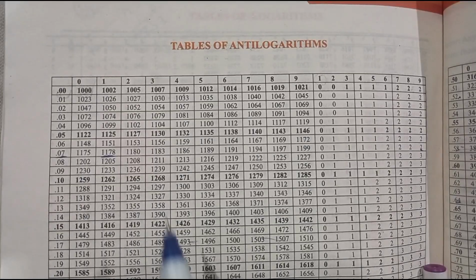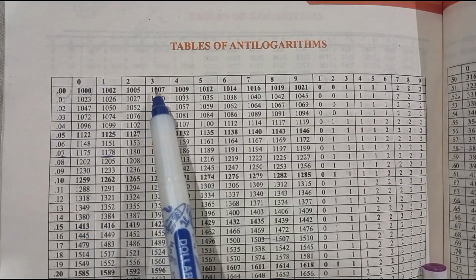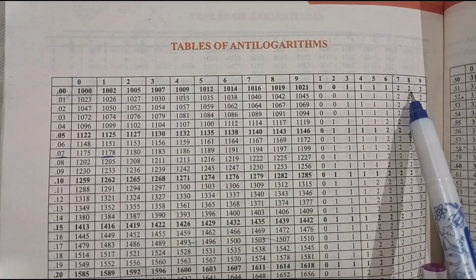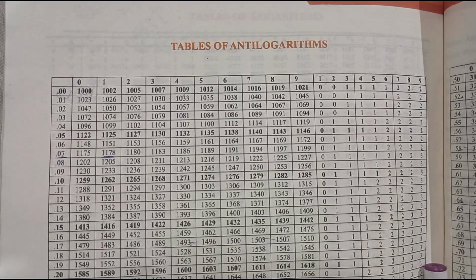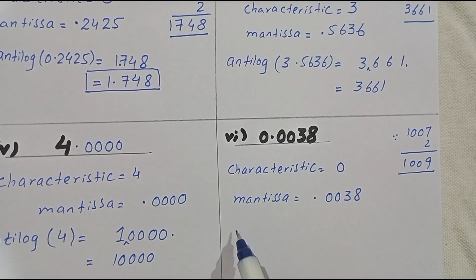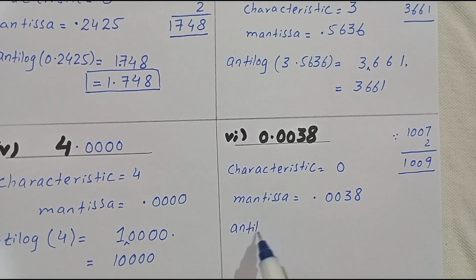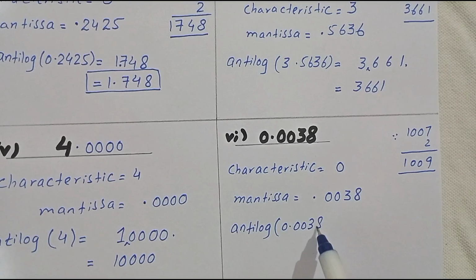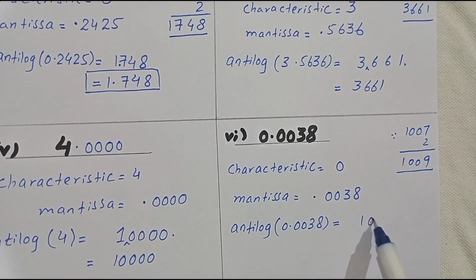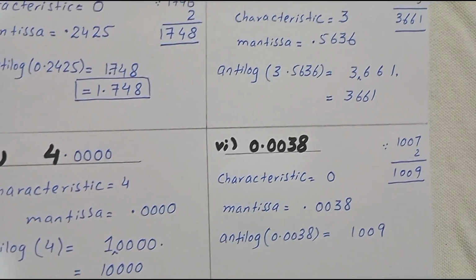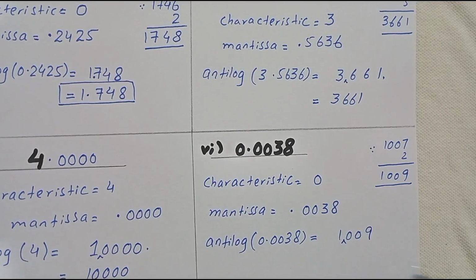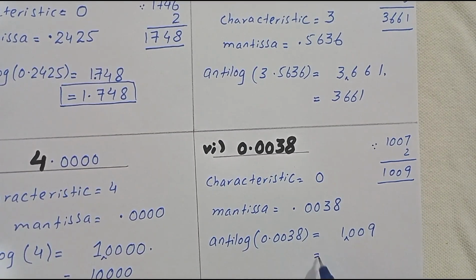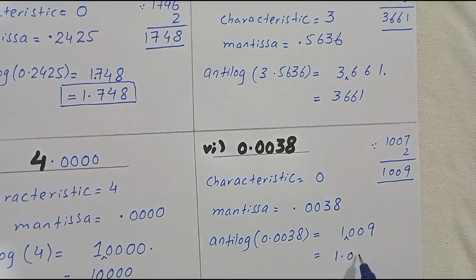The value of 0.00 in the third column is 1007, and adding the value of the 8th column, which is 2. As the reference position is after 1 and the characteristic is 0, the decimal is at the reference position. So the antilog is 1.009.